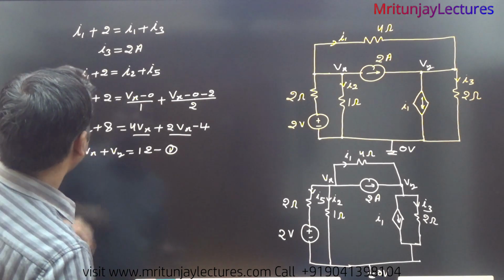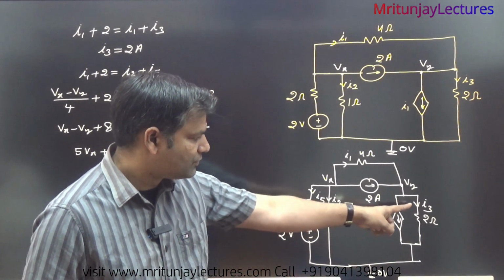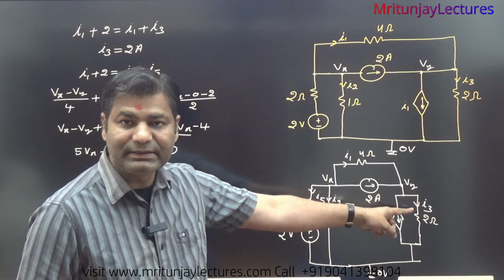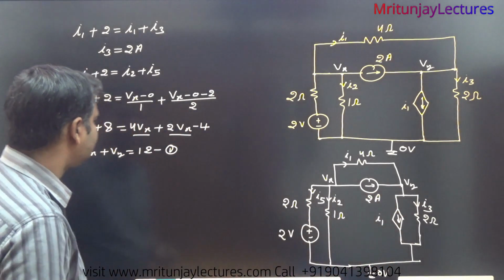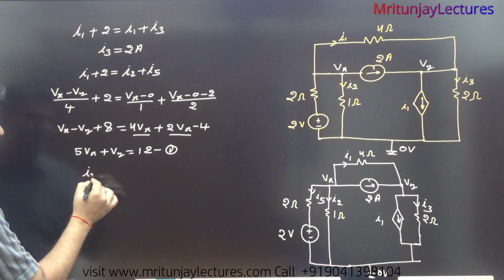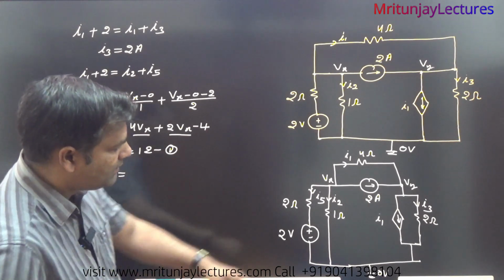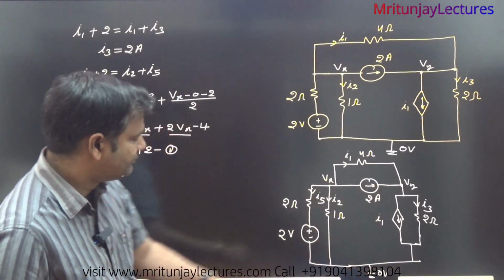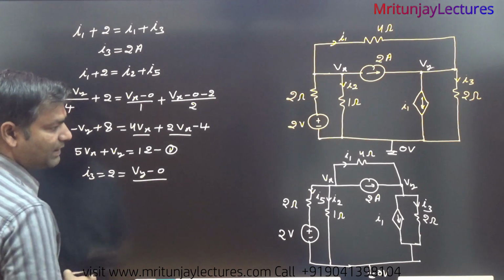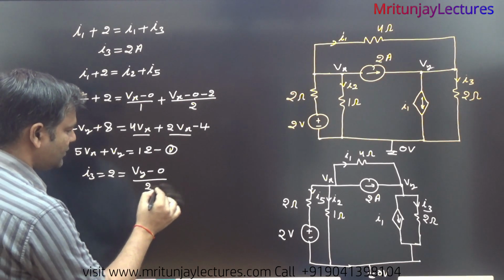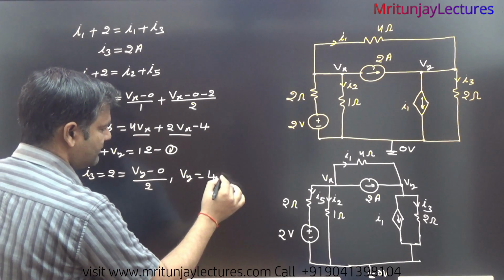I3 is 2 ampere. If you want I3 in terms of voltage, it is (Vy minus 0) divided by 2, and I3 is 2 ampere, so Vy is 4 volt.